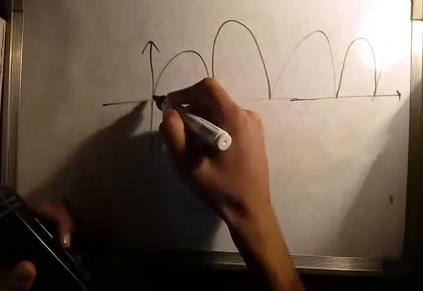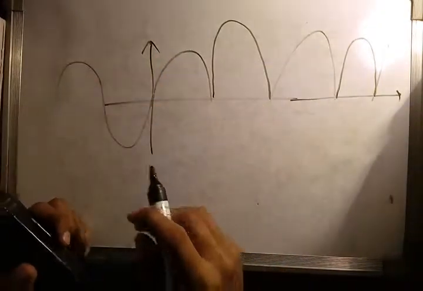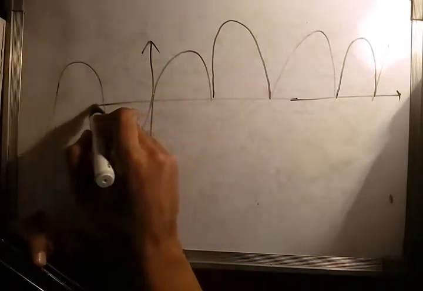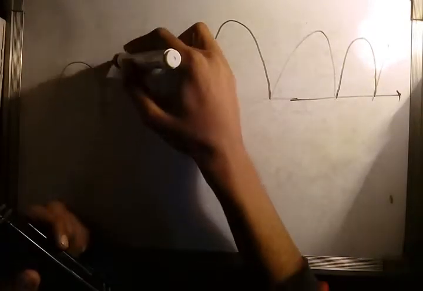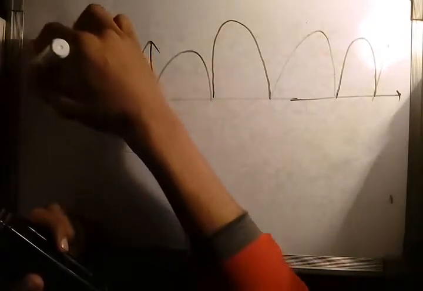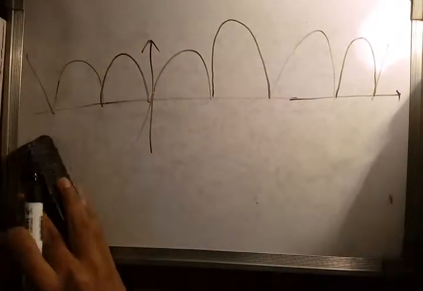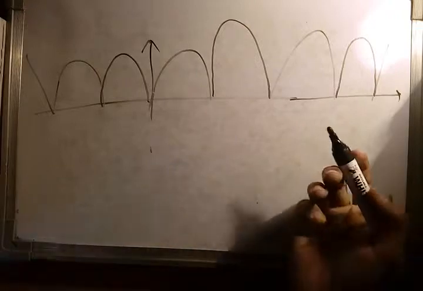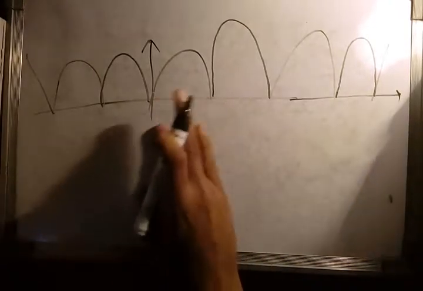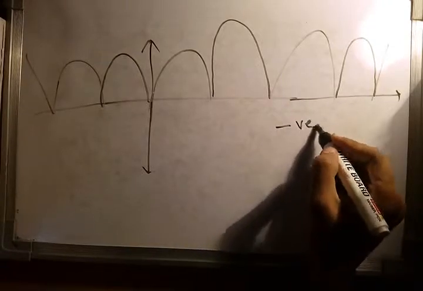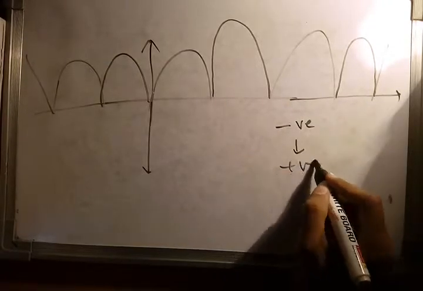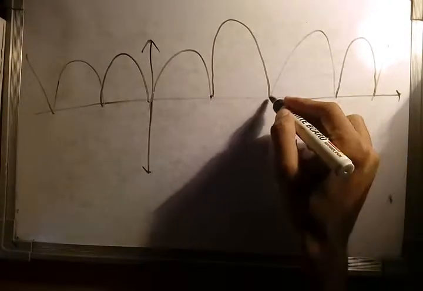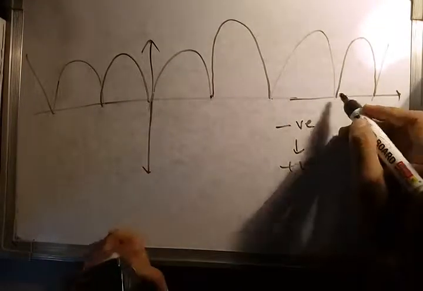If on this side the graph was like this, it will become like this when taken mod, and it will go like this, and you're going to rub this part. So for the graph of any generalized function, if you take the modulus, all those parts which were negative earlier become positive. These points are non-differentiable, so you should keep that also in mind.